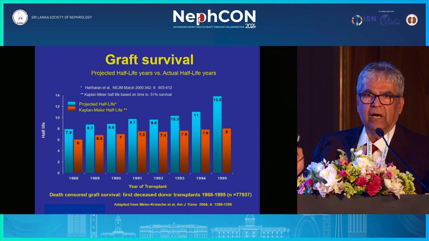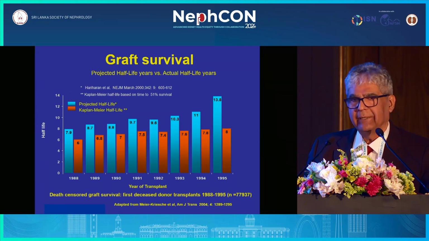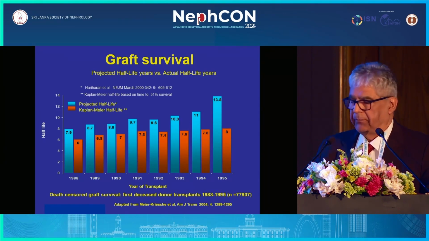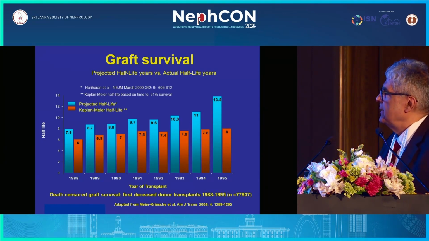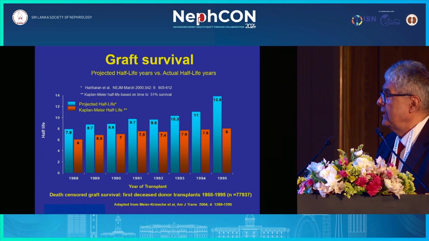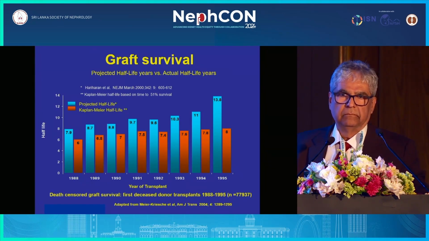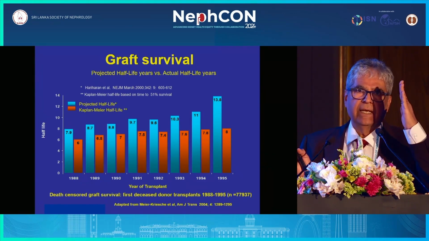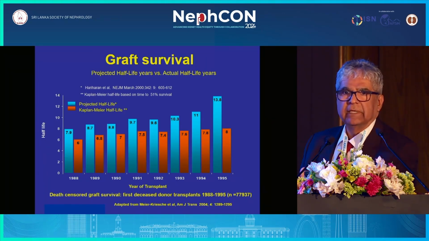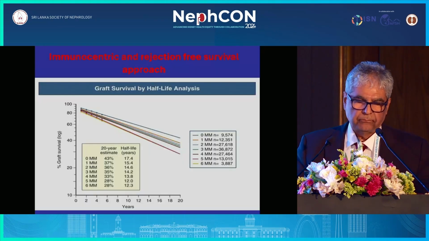We still use half-life of a graft. I don't know why not absolute survival, but anyway, this is the way it was invented and is still in use today. They are getting very much better estimates, but the real-time graft survival hardly moved. So there was a disconnect between what our statisticians were telling us and what we were actually seeing on the ground. That has not moved.